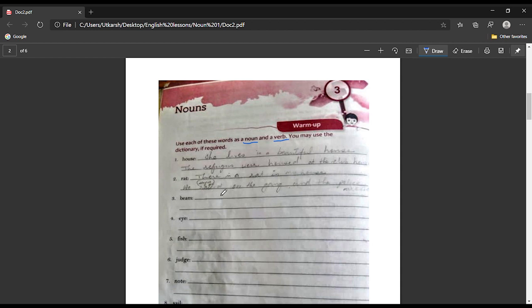Then some of the examples you can write on your own here. The first example is already written here, but you try to write the words by using them in the sentences as a verb and a noun here in the blanks.